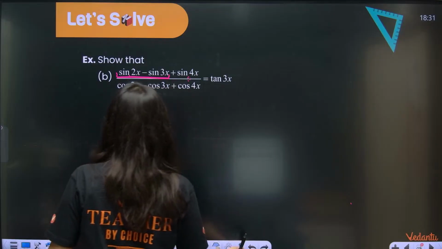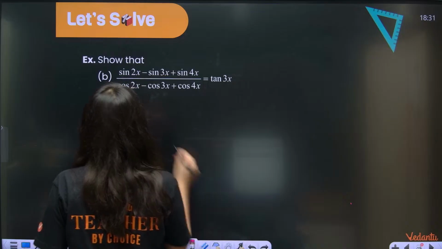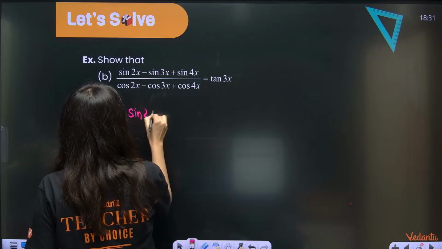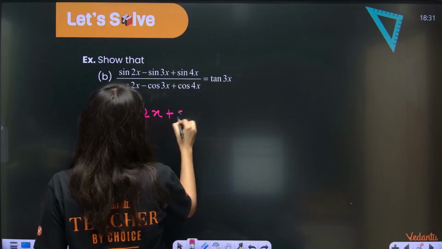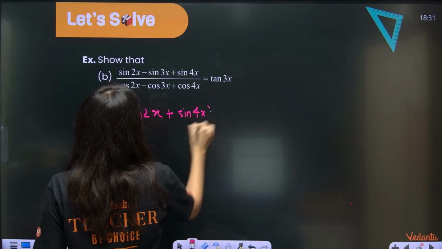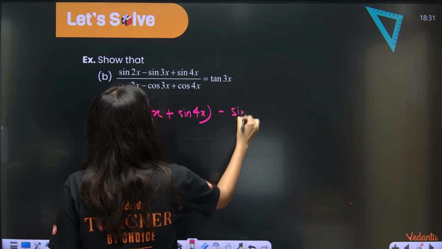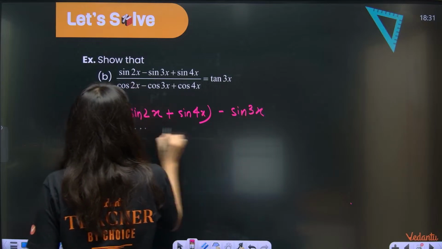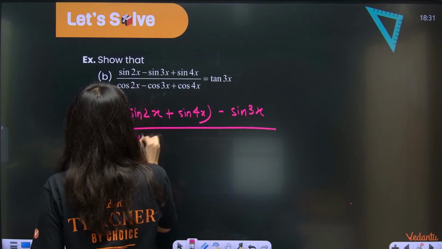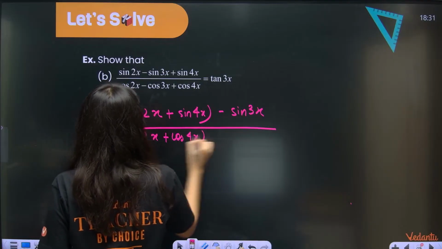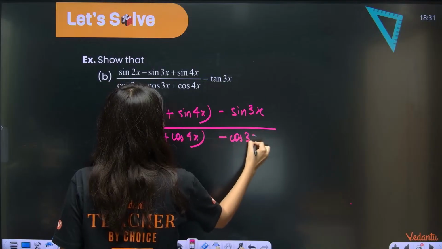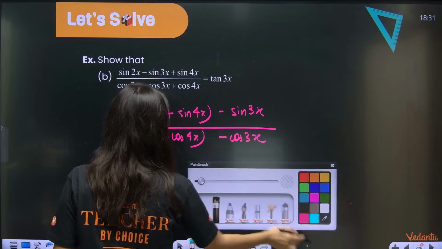But if you combine 2x and 4x, sin 2x plus sin 4x, if you combine these two together, then it will make sense. Same for cos 2x plus cos 4x minus cos 3x.